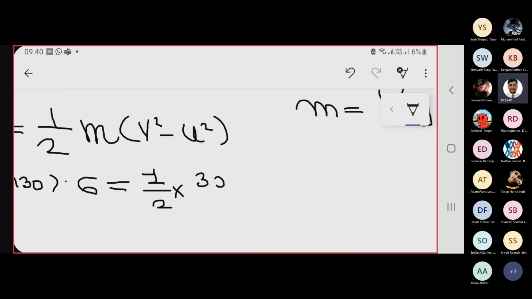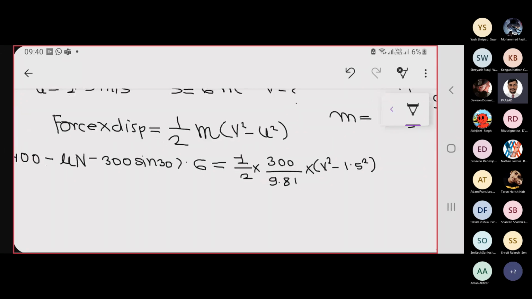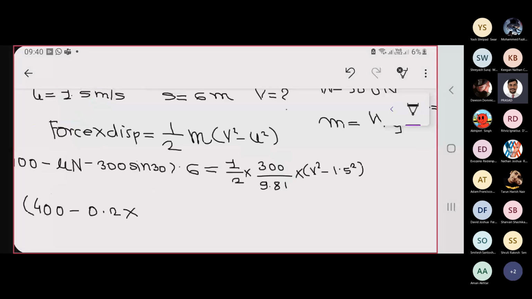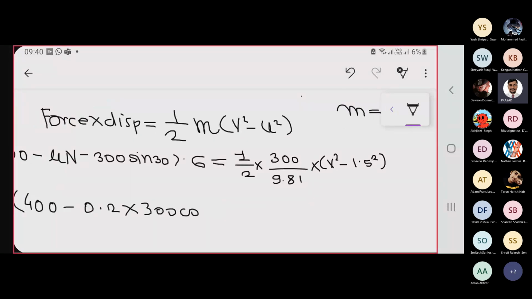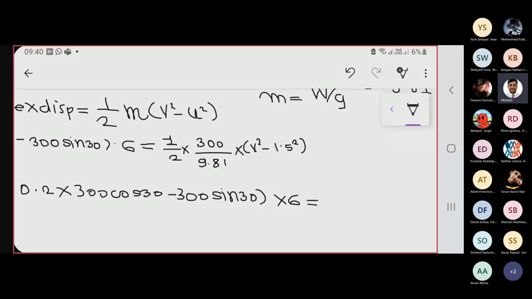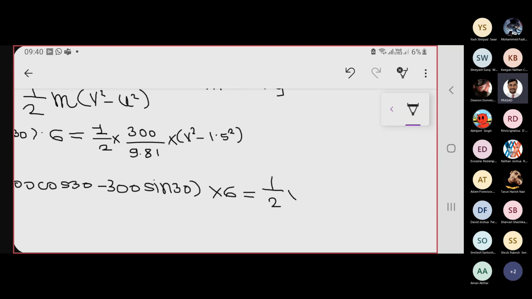So weight 300 divided by 9.81 into (v square minus 1.5 square) is equal to (400 minus 0.2 N, where N we just calculated as 300 cos 30, minus 300 sin 30) into 6, that is displacement.